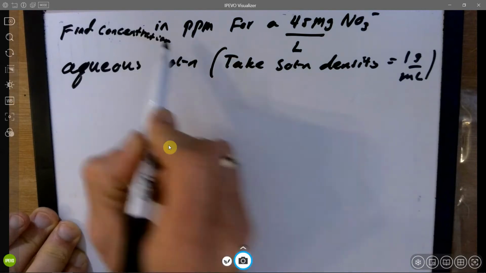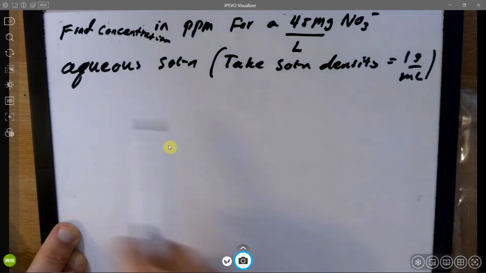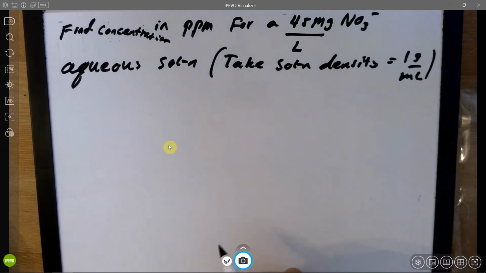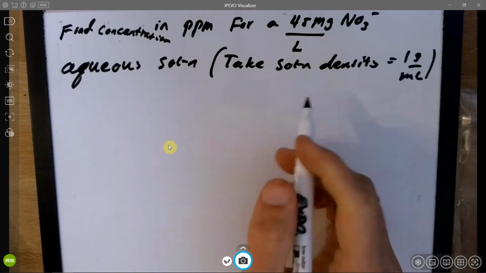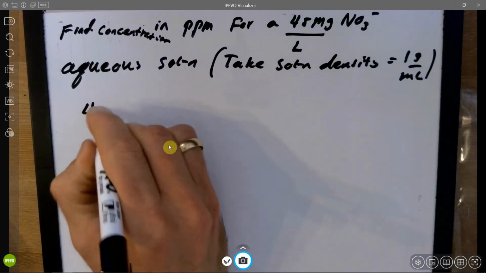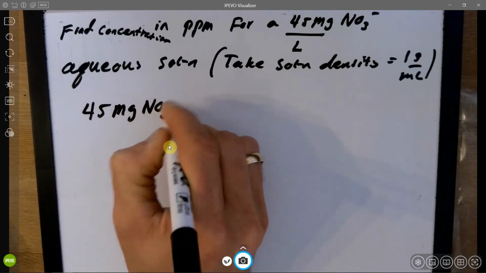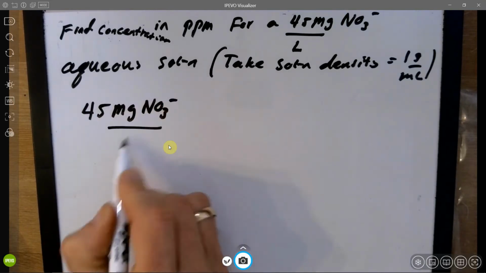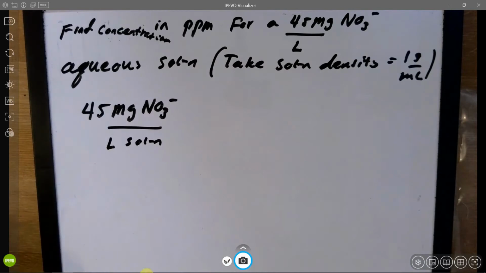It is 45 milligrams per liter NO3 minus in solution, and take the density of the solution to be 1. Okay. So what I have here is 45 milligrams of NO3 minus divided by liters of solution, and I'm trying to get to parts per million.